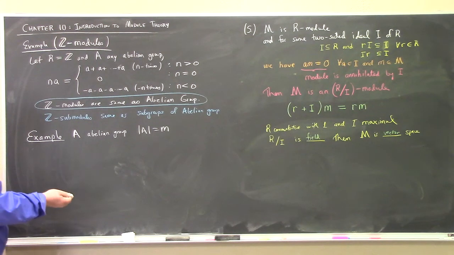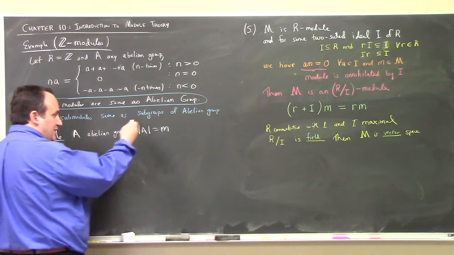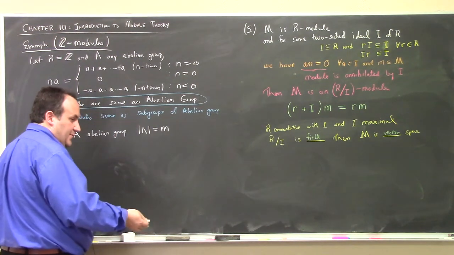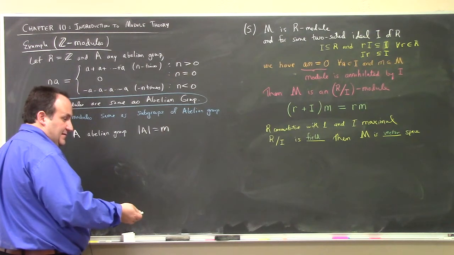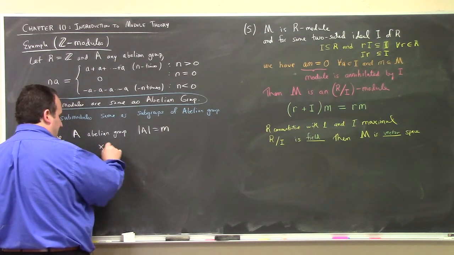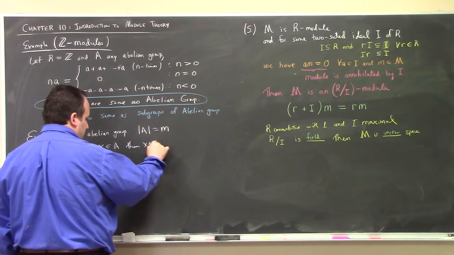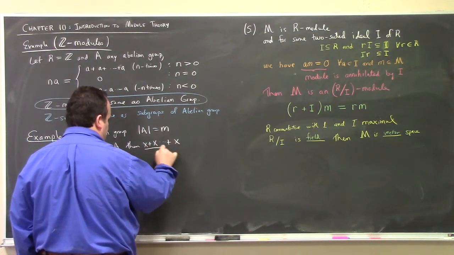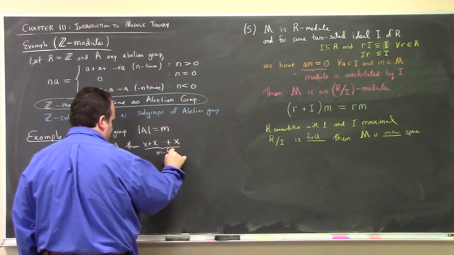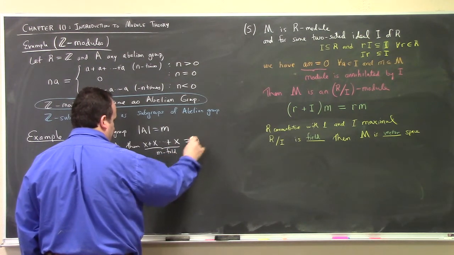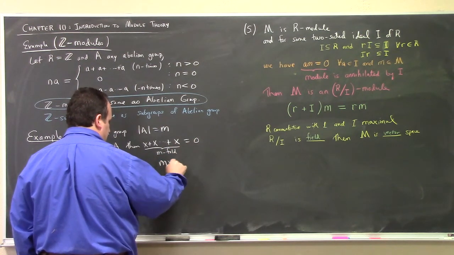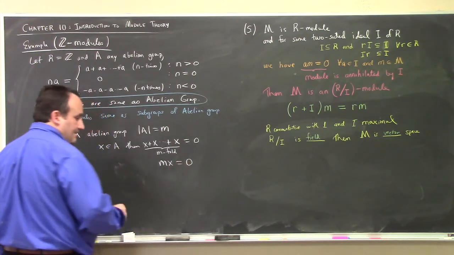In additive notation, that becomes any element of the group added to itself m-fold times is 0. So if x is an element of A, then x plus x, m-fold times, is equal to 0. Or in other words, mx is equal to 0.